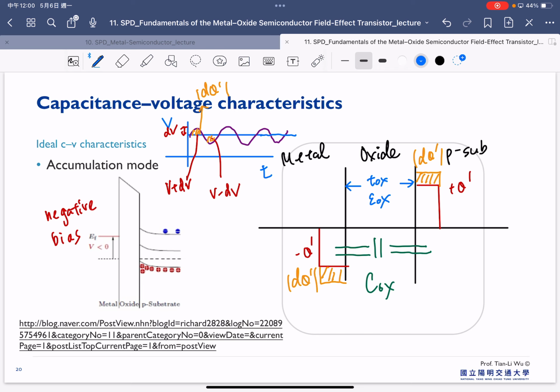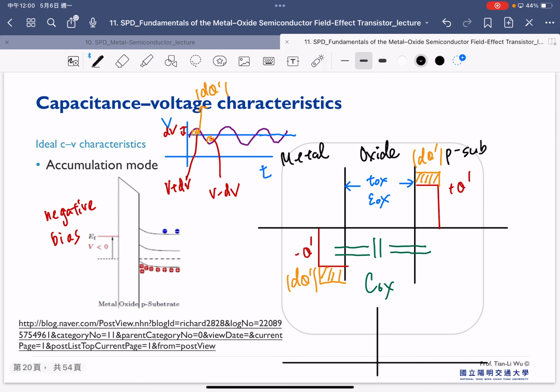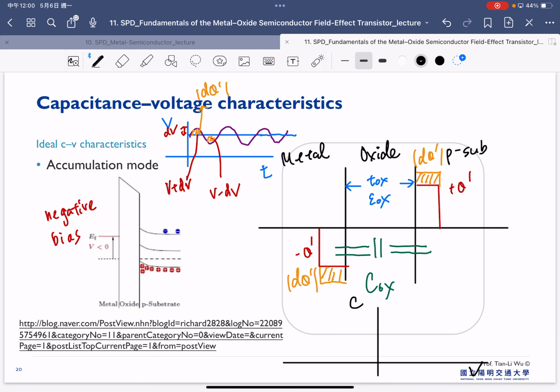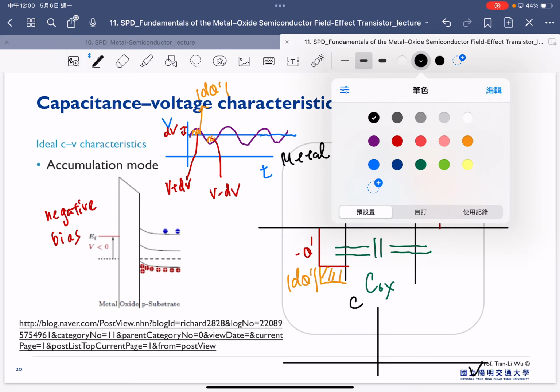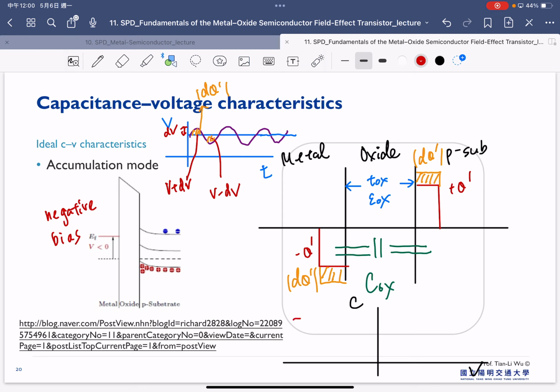So right now, if you try to plot your CV curve, capacitance versus voltage, we are applying the negative bias, which will certainly be in this region here. And in this region, the capacitance under the accumulation mode is what we call the accumulation capacitance, C-acc here.